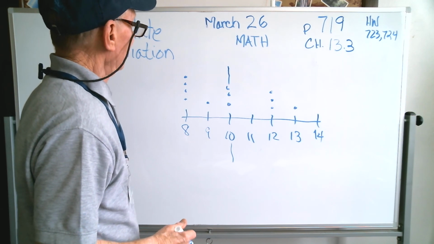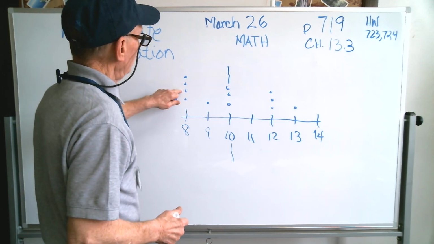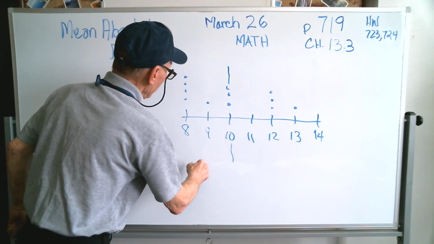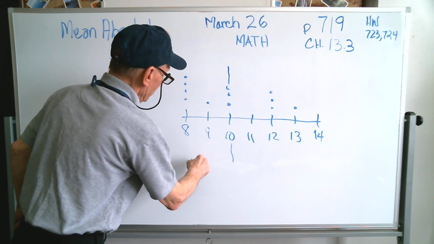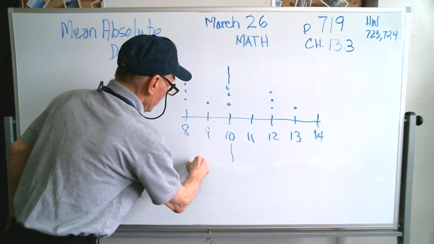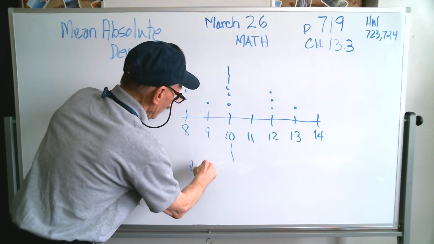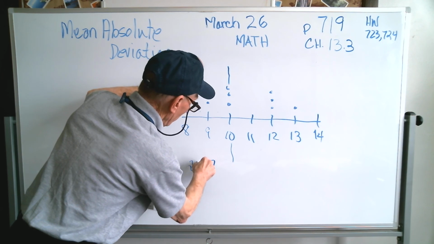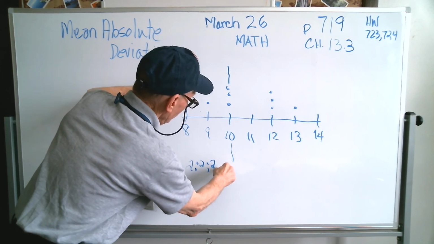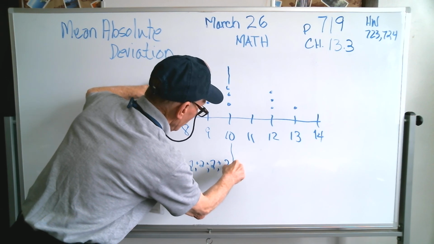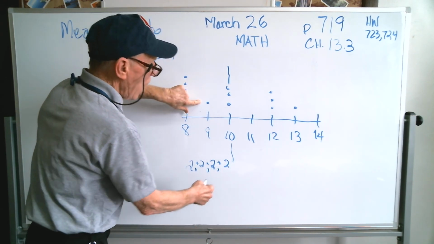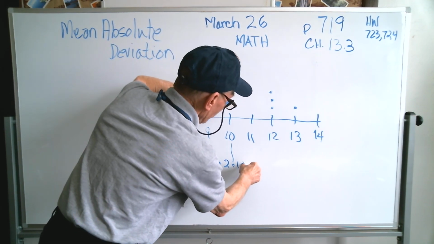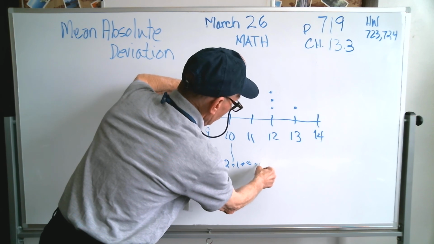Well, let's look at it. We've got 1, 2, 3, 4 that are 2 places. So that's 2, 2, 2, 2, and these are all plus, by the way. This is 1, so we're going to add 1. And this is 0. This is 0.